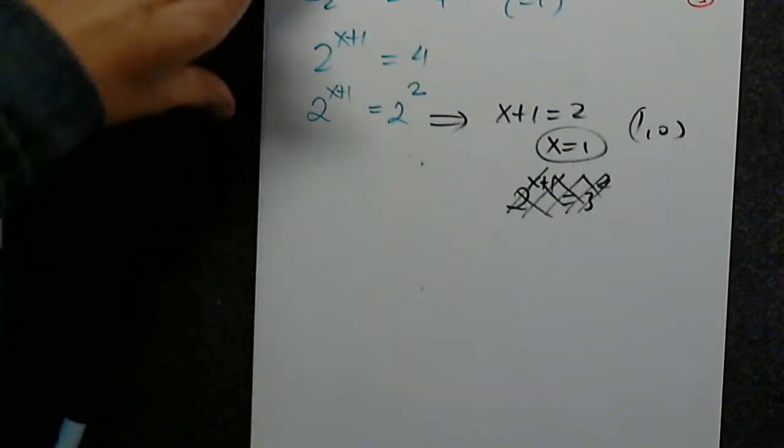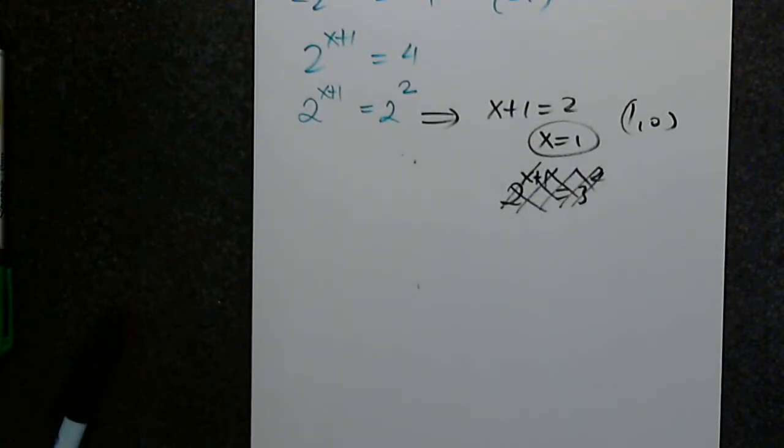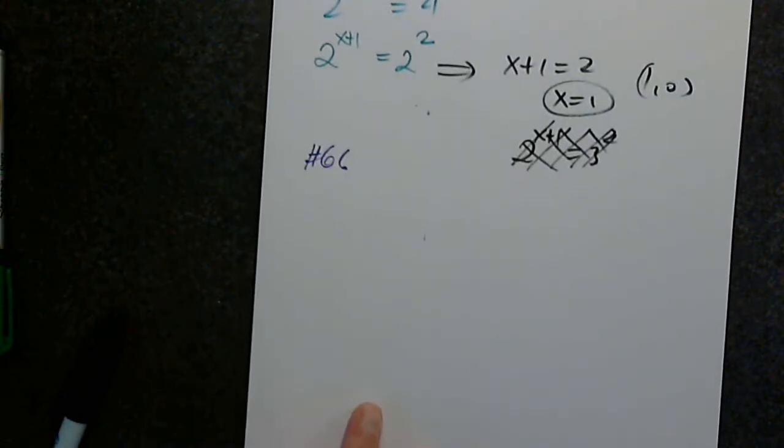Okay, so let's look at a couple of applications with exponential functions so you see where they come into play. This is in 4.1, on page 475. Let's take a look at 66. In 1986, the explosion at the Chernobyl nuclear power plant in the former Soviet Union sent about 1,000 kilograms of radioactive cesium-137 into the atmosphere.